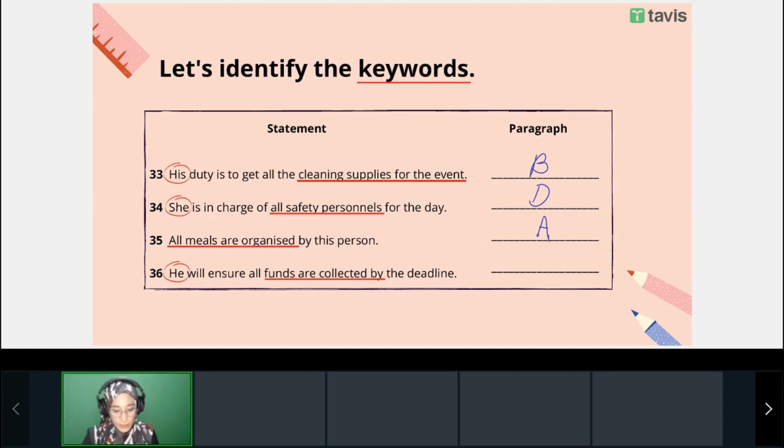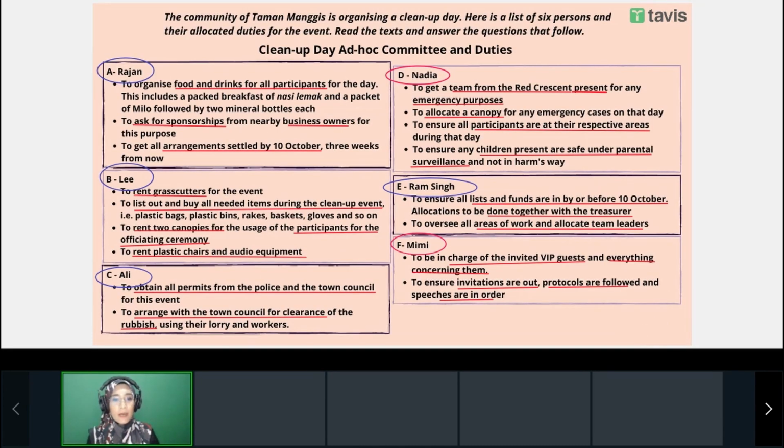Okay. Now, what else do we have? He will ensure funds are collected by the deadline. So again, another man or another guy. Who would be in charge of money? Where is he? So we now know that Rajan is in charge of food, Lee is for the cleanup, and Ali, the permits from the police, and to arrange clearance of rubbish.